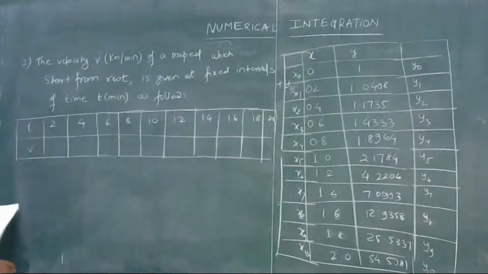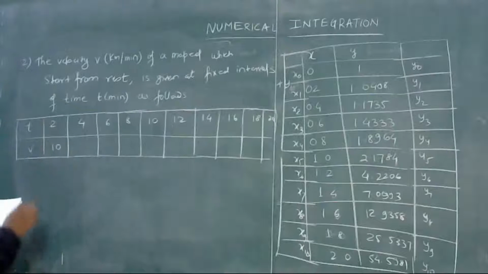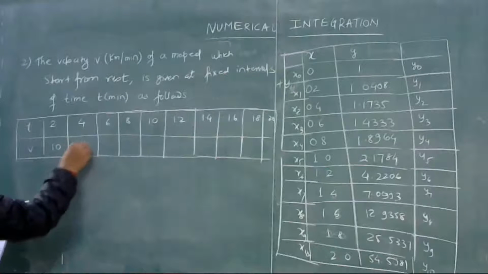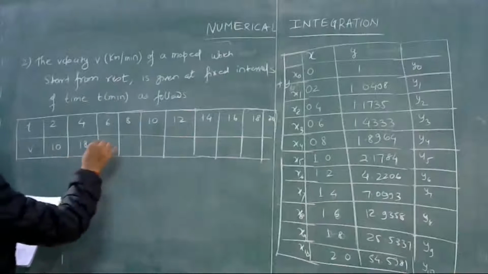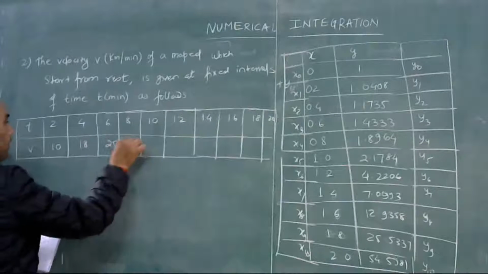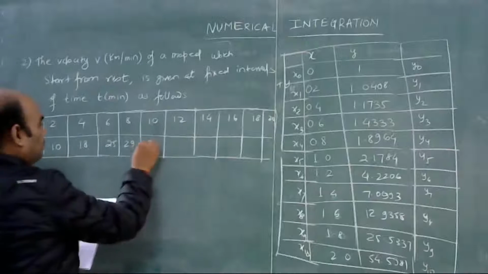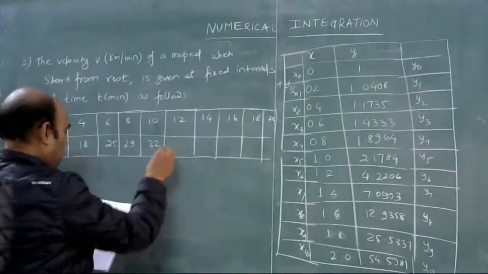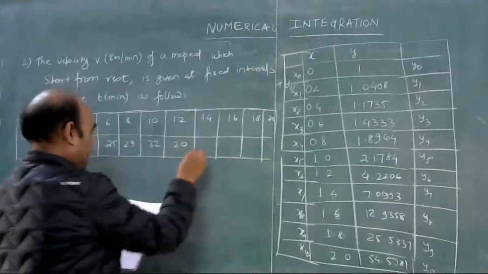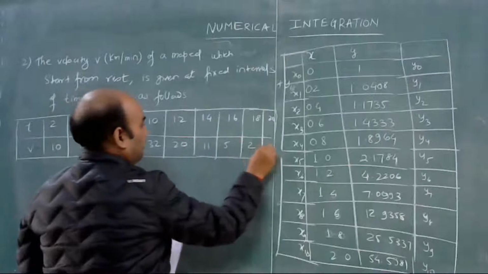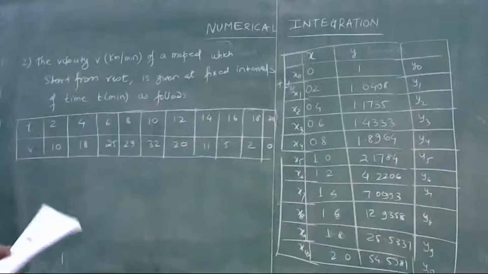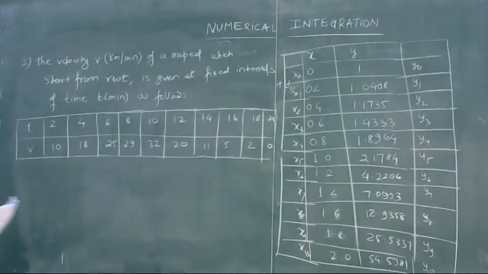So at 2 minutes it is 10 km per minute, then 18, so it is accelerating up to 32. Okay, so this is the maximum speed, then it is decelerating and becomes 0 at 20 minutes.